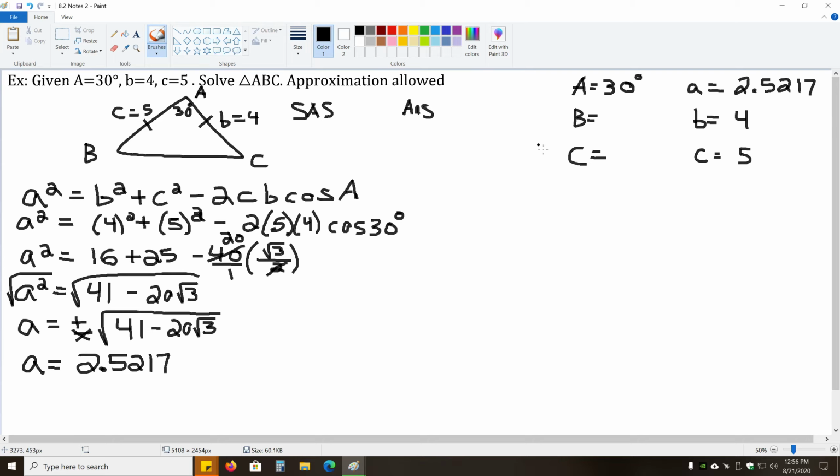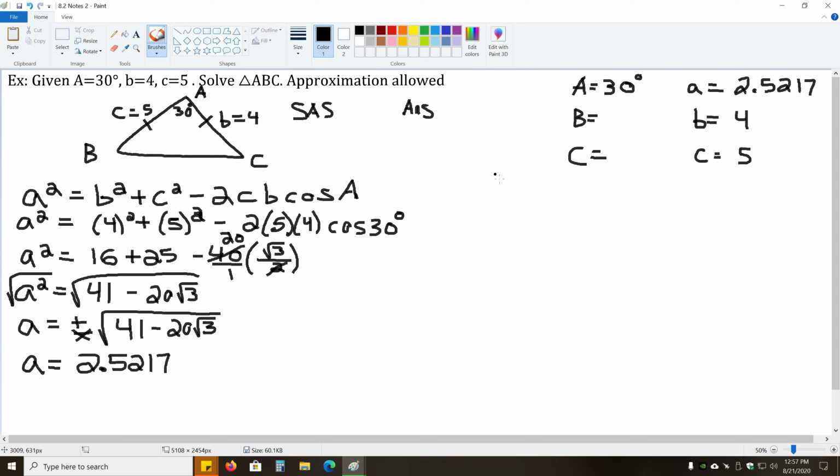So with that, we now need to solve for angle B or angle C using the law of sines. Notice we want to use angle B first because side B is smaller than side C. So we always want to use the smaller side first.